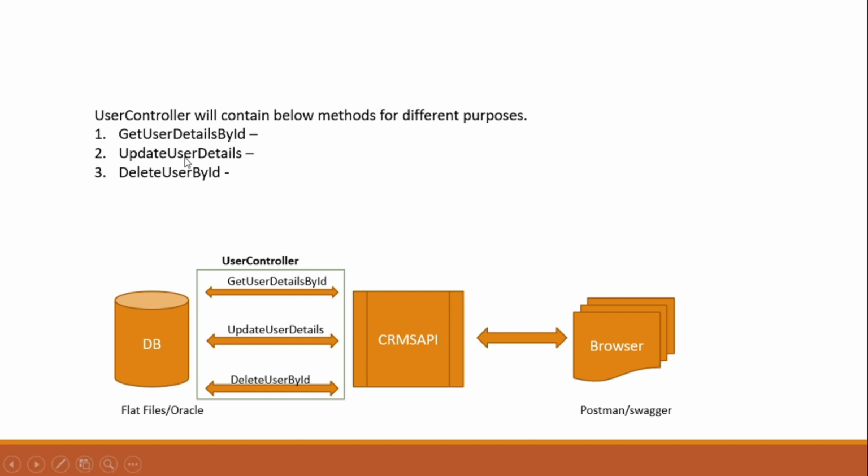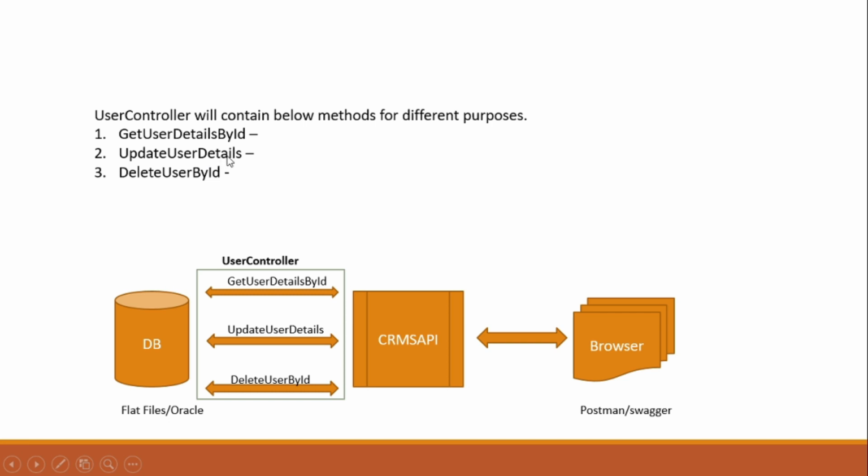First, get user details by id. In this API, we will be sending some user id, and we will be getting the user's details. The second API would be update user details.